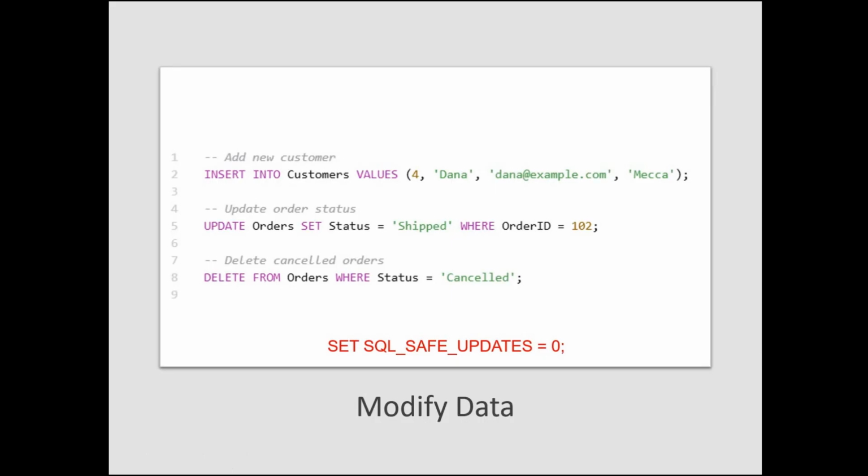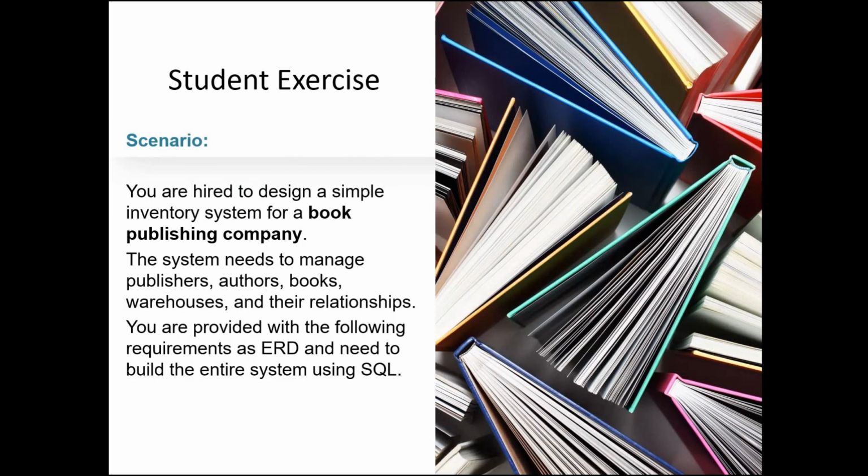Sometimes when you apply this statement, you will not be able to, because SQL by default turns on the safe updates option. If that is the case, you can just write this statement: set SQL safe updates equal to 0.